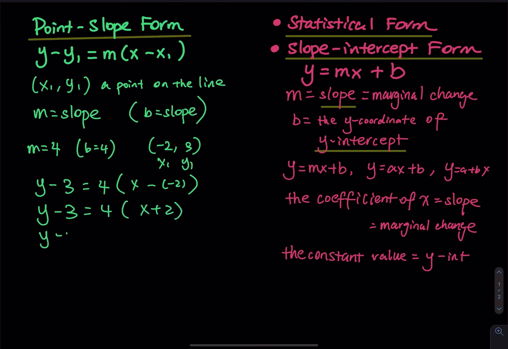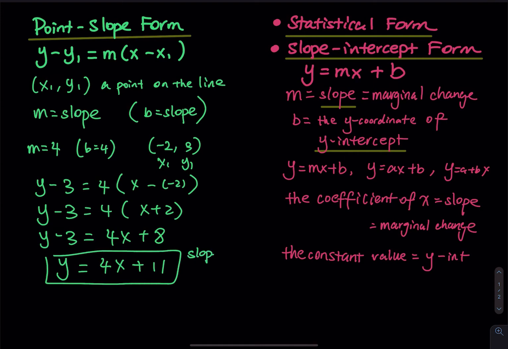Then you distribute the 4 times x, and 4 times 2, and then you add 3 on both sides. So 8 plus 3 is 11, right? So y equals 4x plus 11. So this is Slope-Intercept Form. And we just went from Point-Slope to Slope-Intercept by doing this algebra.